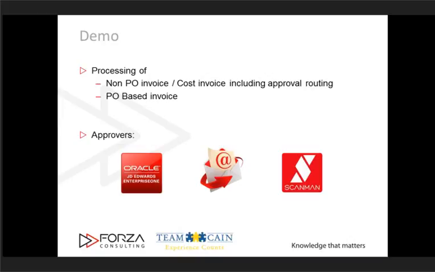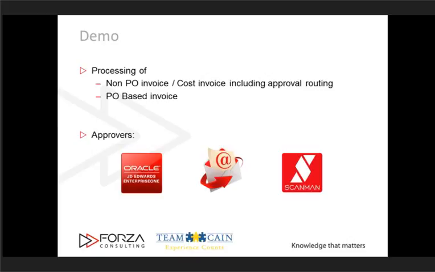For the approval routing, we differentiate between three different JDE Edwards users. So there's three different ways in which an invoice can be approved. Of course, this can be done directly from JDE Edwards for those users who are frequently or constantly working in JDE Edwards. There's also your more incidental users who are licensed for JDE Edwards but don't use it every day.